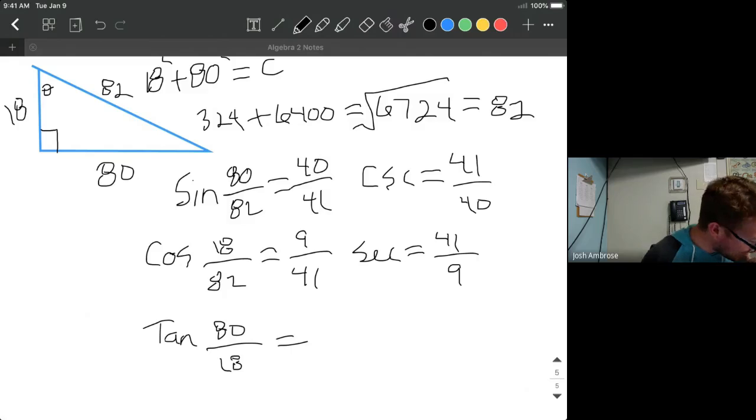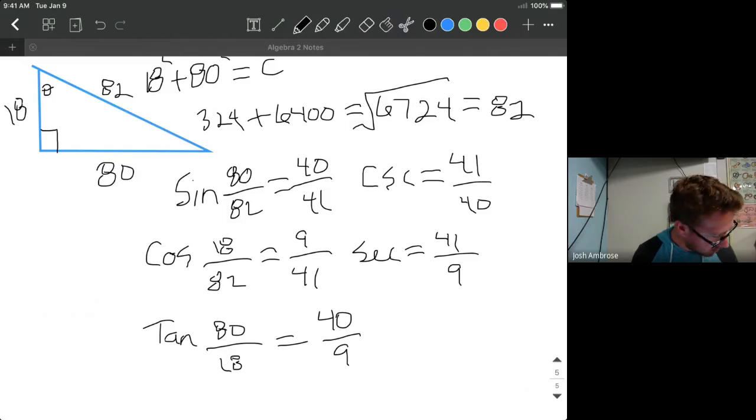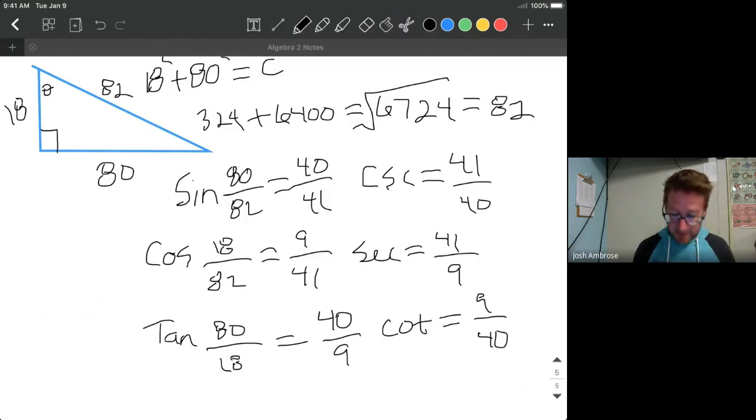Let's see. 40 over 9. All right. And then you're having to look one more thing, the cotangent. Flip it. 9 over 40. Okay, so there's all 6 trigonometric functions that they are looking for.